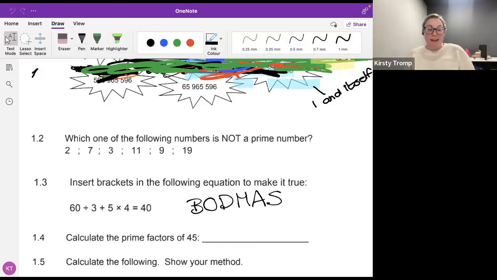It's really important that we always remember BODMAS: brackets, of, divide, multiply, add, and subtract. Have a look at 1.3 and see where you would put brackets to make that equation true.